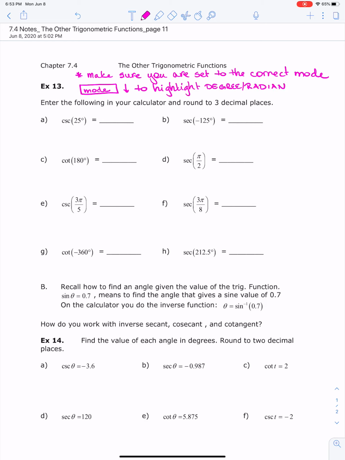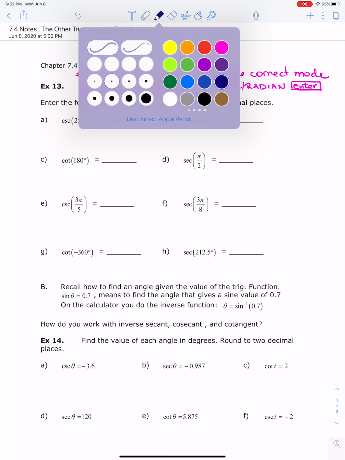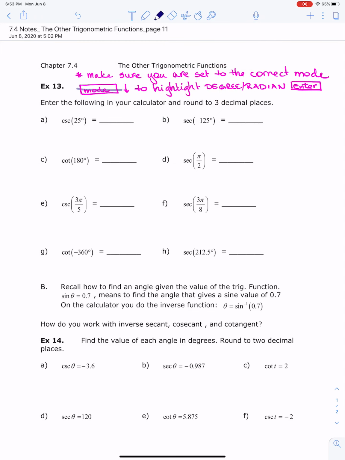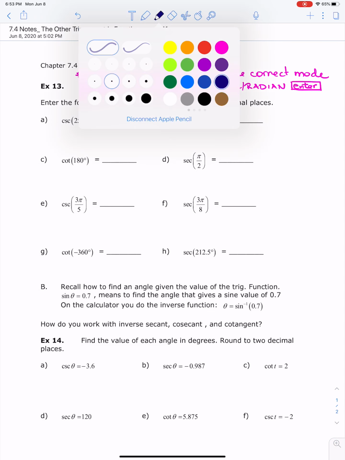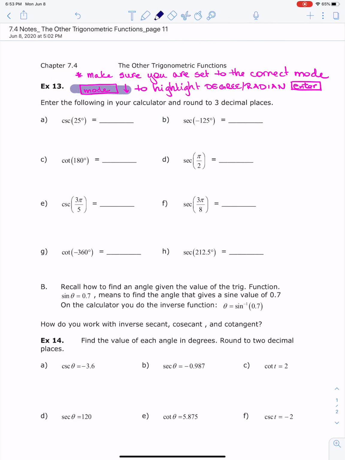And then you want to make sure that you hit enter so you lock that in. So you remember.